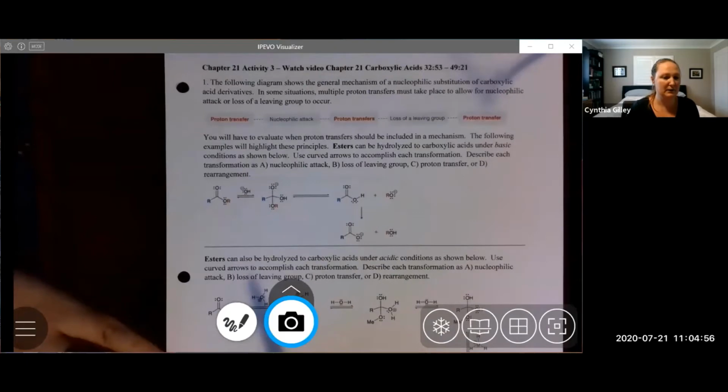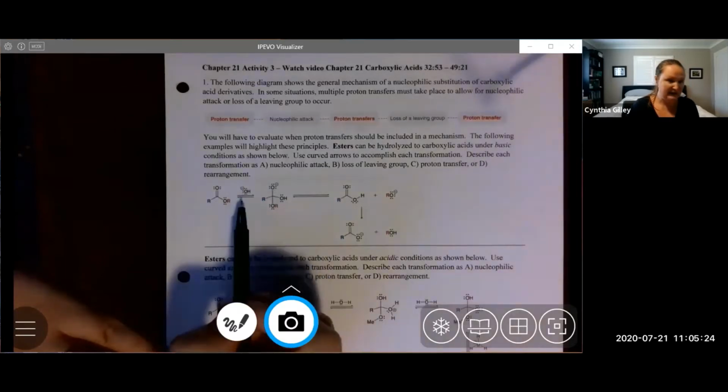It's not very reactive, so I would say this is a weaker electrophile. Remember, the acid chloride and the anhydride are the two stronger electrophiles of the carboxylic acid derivatives. And also ketones or aldehydes are fairly strong, but they're not carboxylic acid derivatives, so we're not really talking about those in this chapter. But esters and amides are the ones that are a little bit more stable.